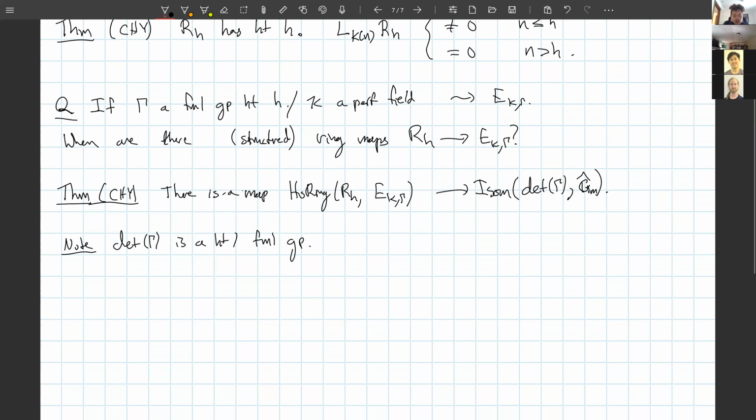So after some Galois extension, where I'm thinking of K as a finite field, say, the determinant of gamma will be isomorphic to G_m. So this is a purely arithmetic condition: there must be an isomorphism between det gamma and G_m.